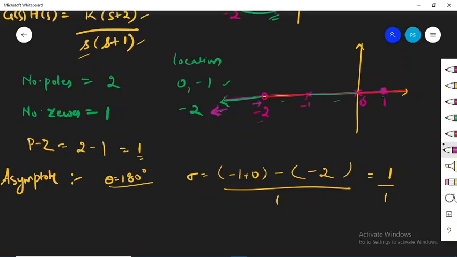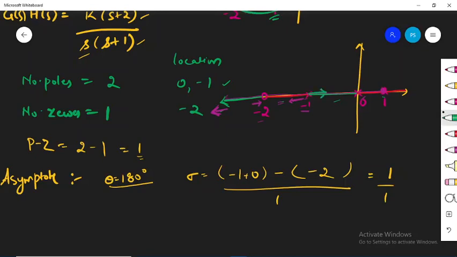So just see now, I've got this one pole at s is equal to minus 1. This pole cannot move towards the right side, because this is the red zone. So it cannot move over here. The only choice this pole has is to move towards the left hand side.